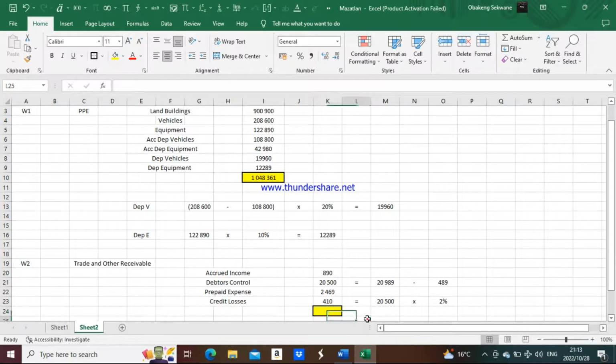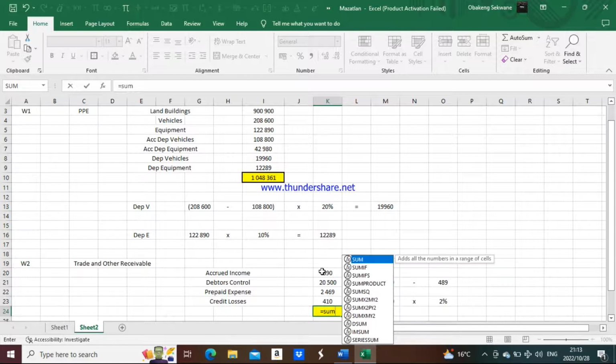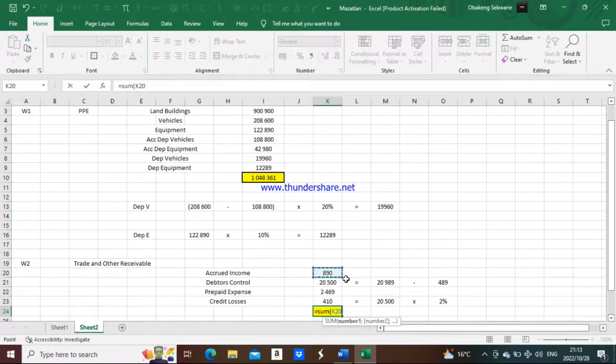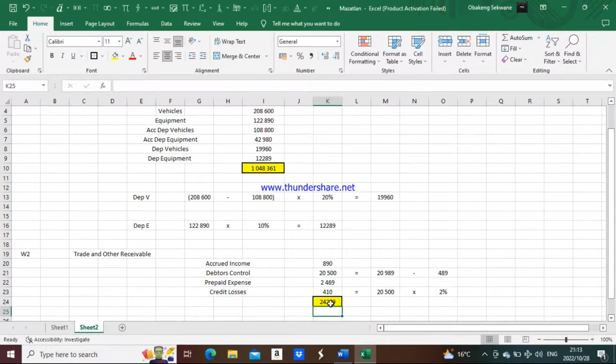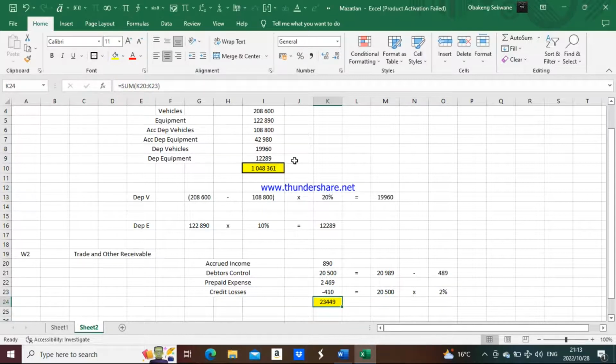Since we don't have any additional information on our trade and other receivables, we can now get the total. I'm just going to add everything up. Yes, I had to minus my credit losses, so getting a total of 23,449.